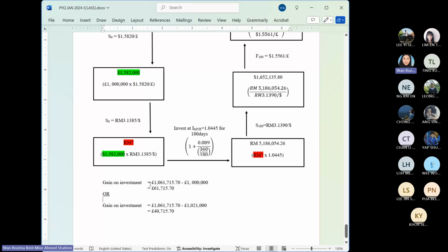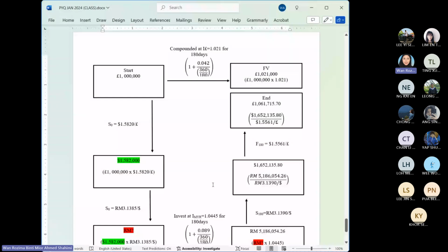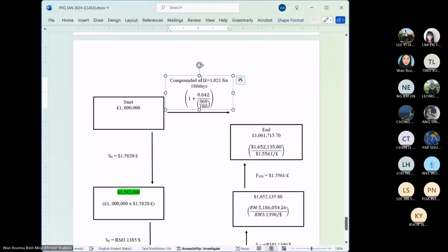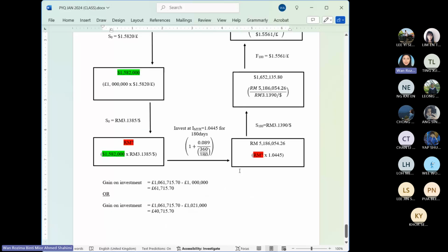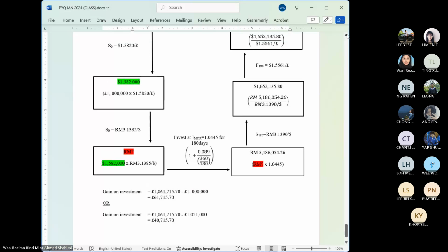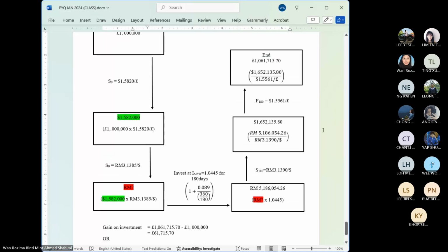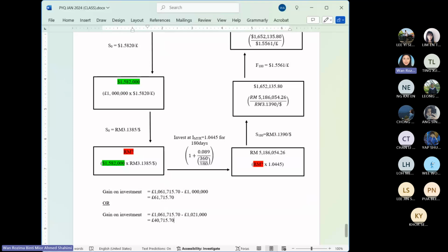If we don't use this one, then you can get this. Do you understand what I'm saying, class? That's how you get it. So you might have two answers. So that's all.